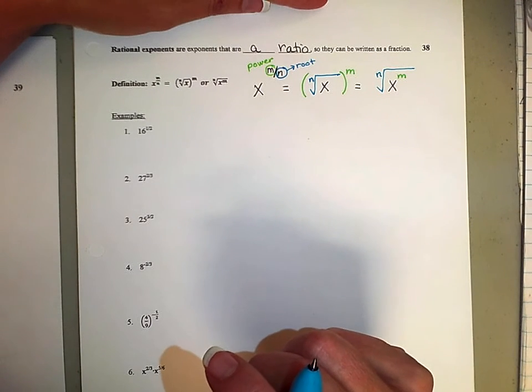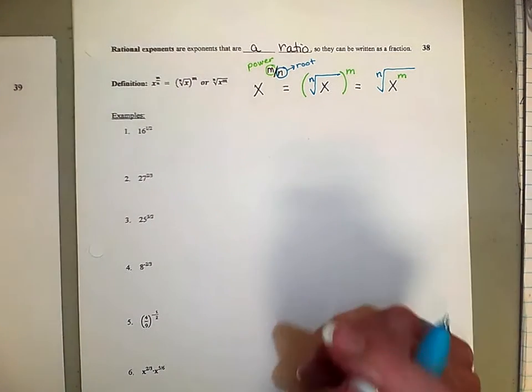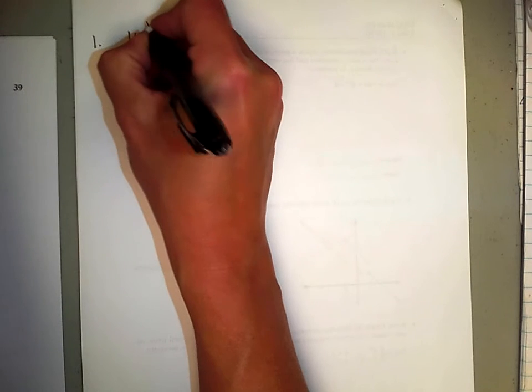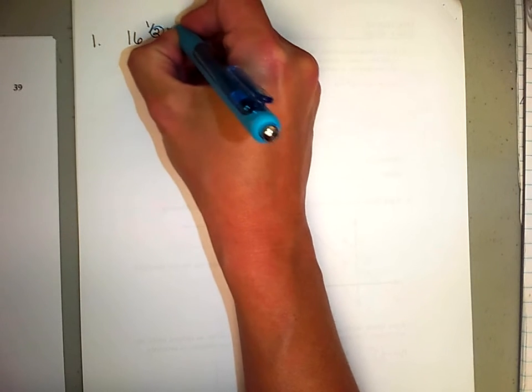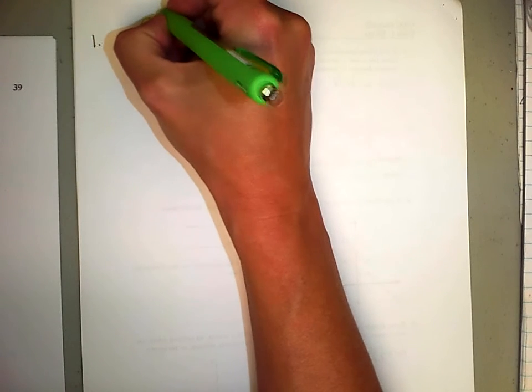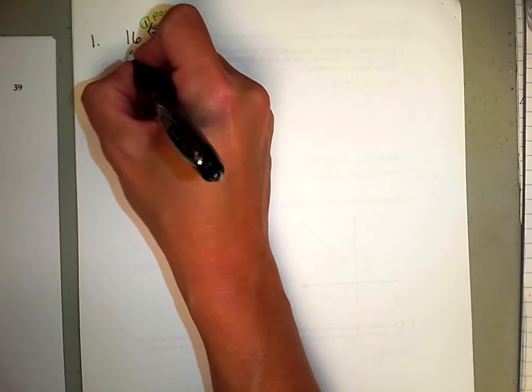So let's do some examples of this. Number 1, we have 16 to the 1/2 power. Remembering, this will be our root, and this will be the power. Our base is 16.